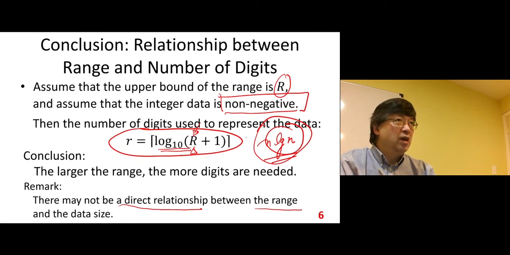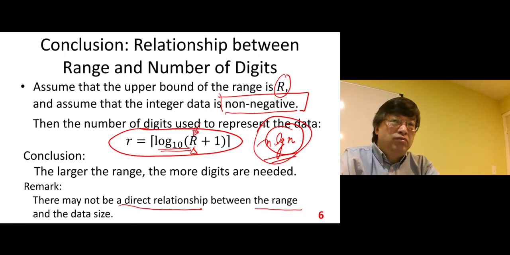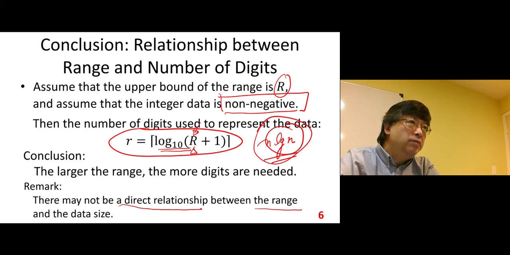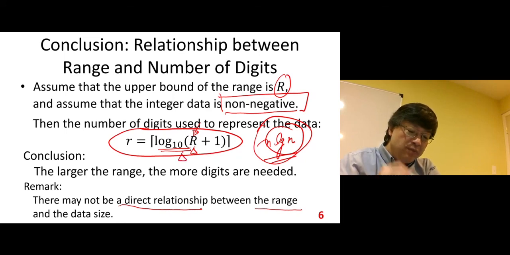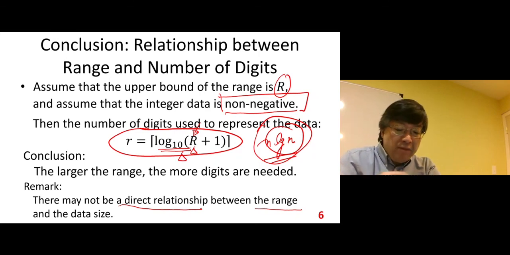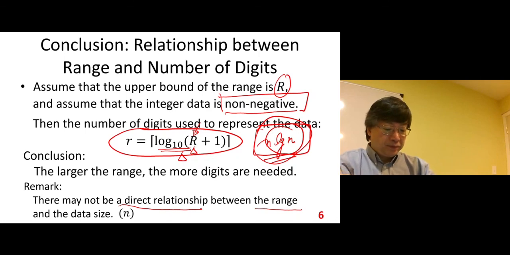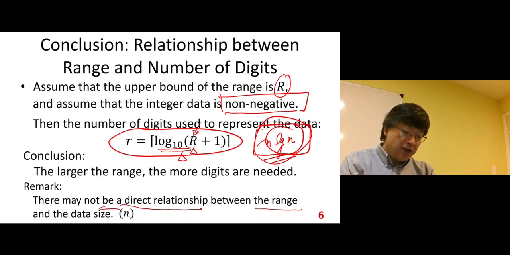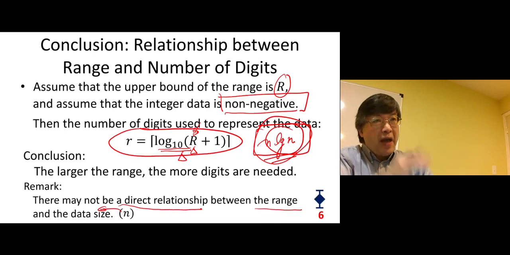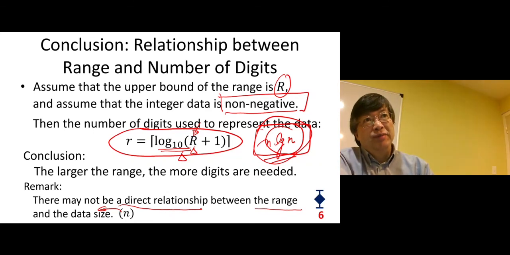In our intuition, if the range is not too bad, this method should be better. But if the range is too large, then that method could be better. So the data size is n. That's part one. Next, we try to do the sorting.